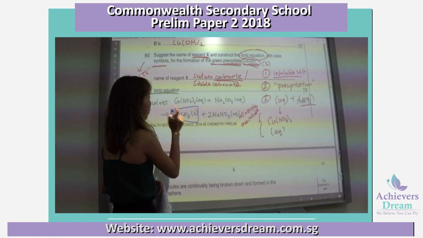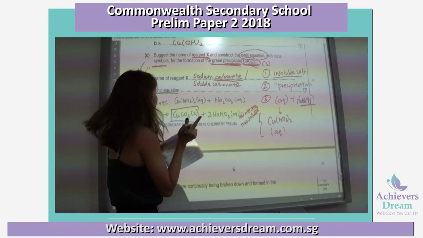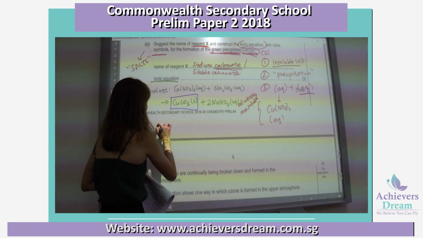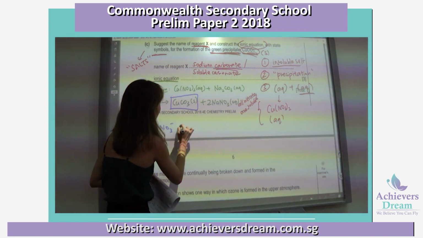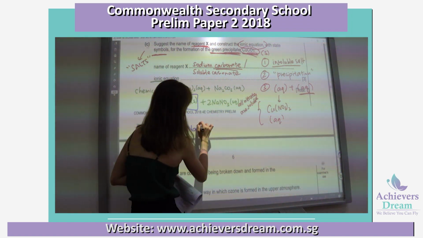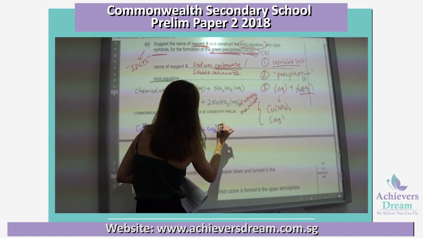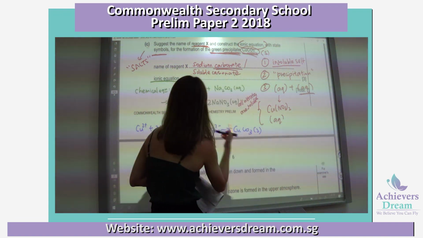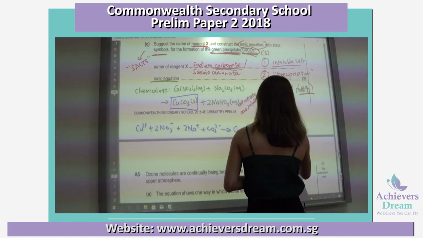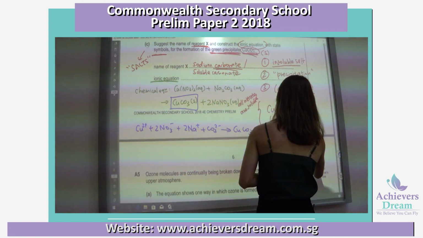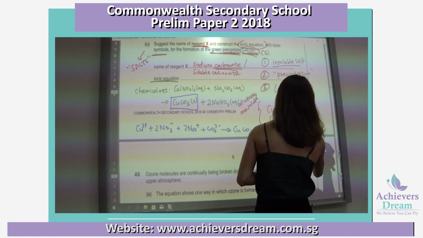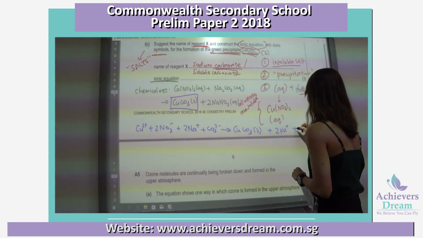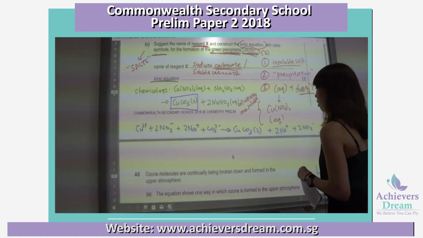Then for those that are in the aqueous state, I can break them down into the respective ions. So it will be Cu2+ plus 2NO3-, plus carbonate from Na2CO3, equals CuCO3, remember, I don't touch anything that's not in the aqueous state, plus 2Na+ plus 2NO3-. Correct?